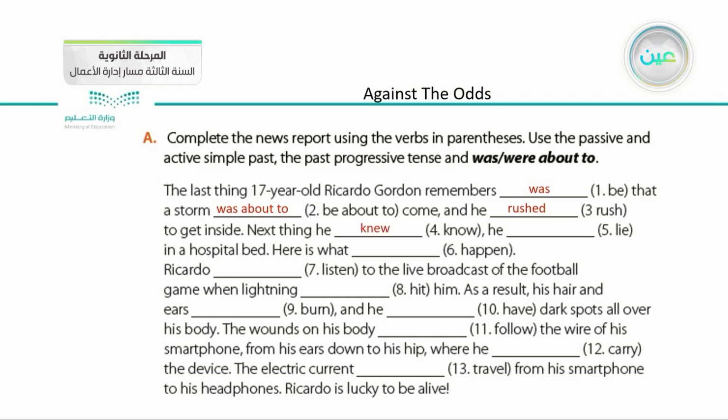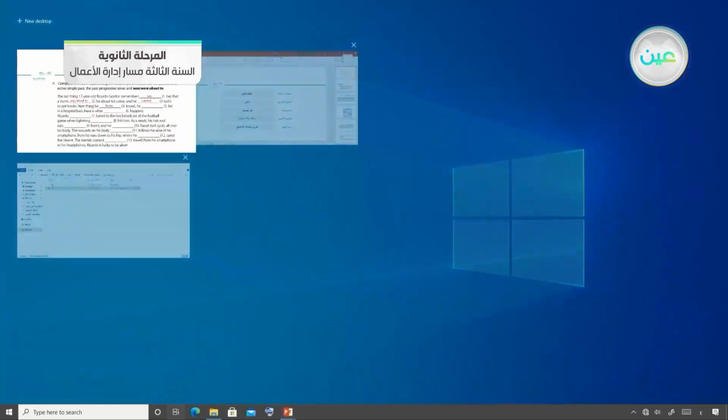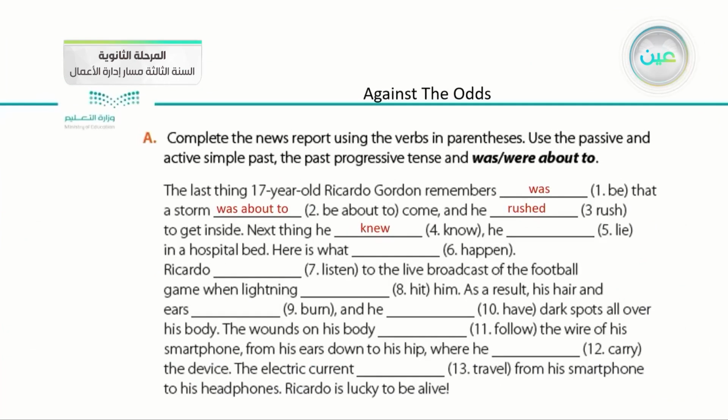Next thing, he knew he was laying in a hospital bed. Here is what happened. Ricardo was listening to the live broadcast of the football game when lightning hit him. As a result, his hair and ears were burned and he had dark spots all over his body.